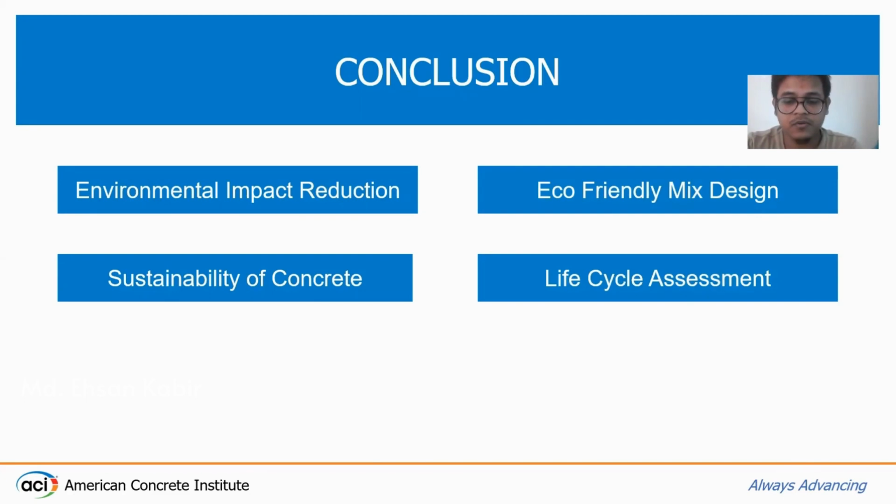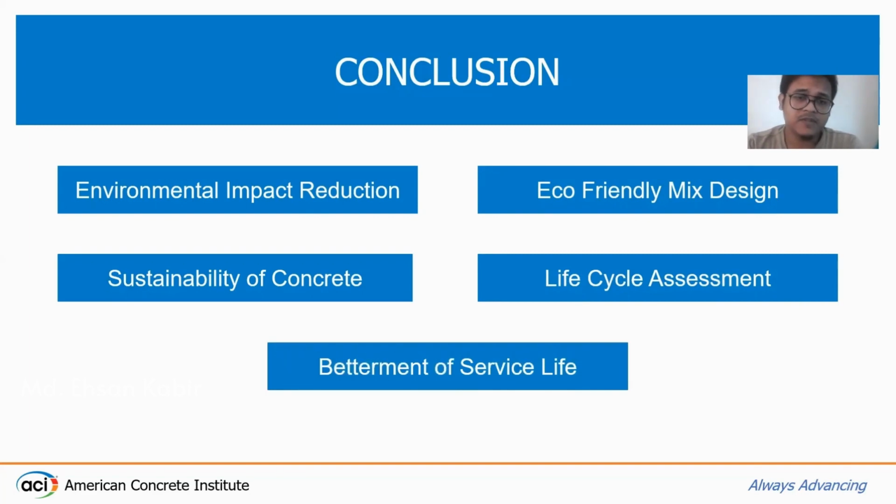The focus is on the known benefits and limitations of manufactured and recycled aggregates. Betterment of service life: among all these things we have been talking about, together they make up the service life, which is very much appreciable and very environmentally friendly.